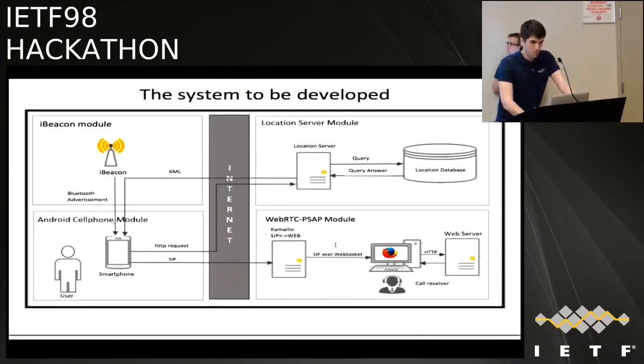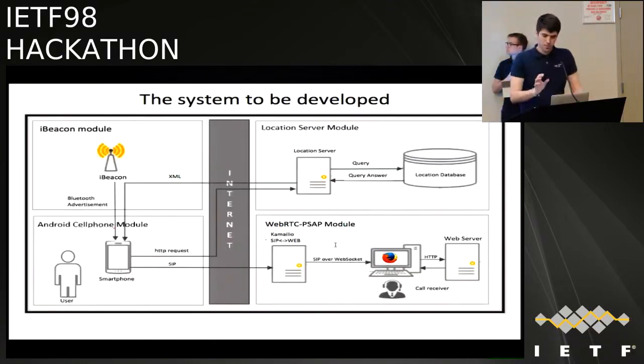So what we wanted to do this weekend is a WebRTC PSAP app module, which is able to take SIP calls and transmit them to a WebRTC PSAP app, which is able to show you the indoor location of the caller.